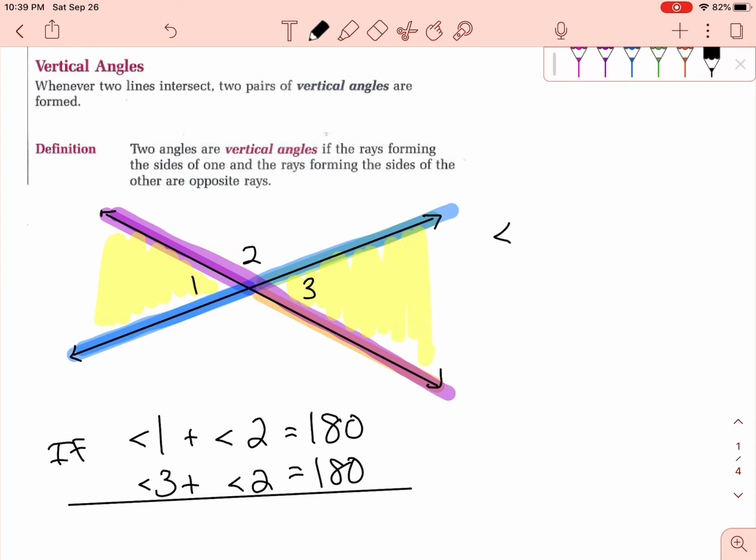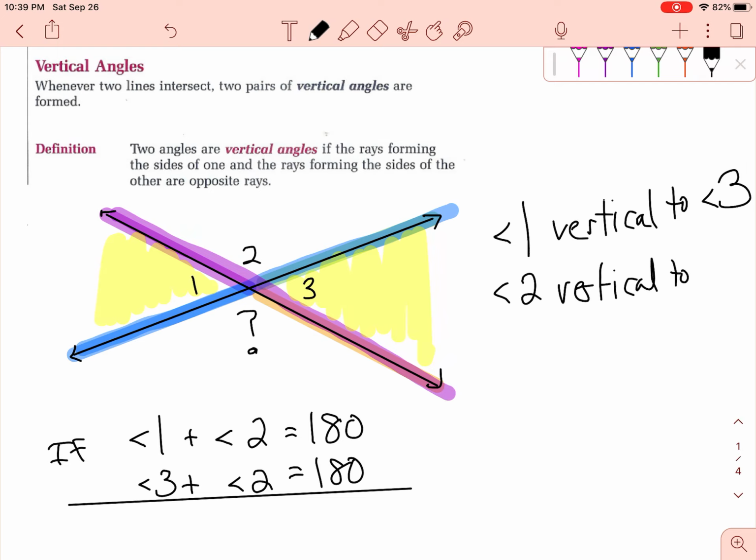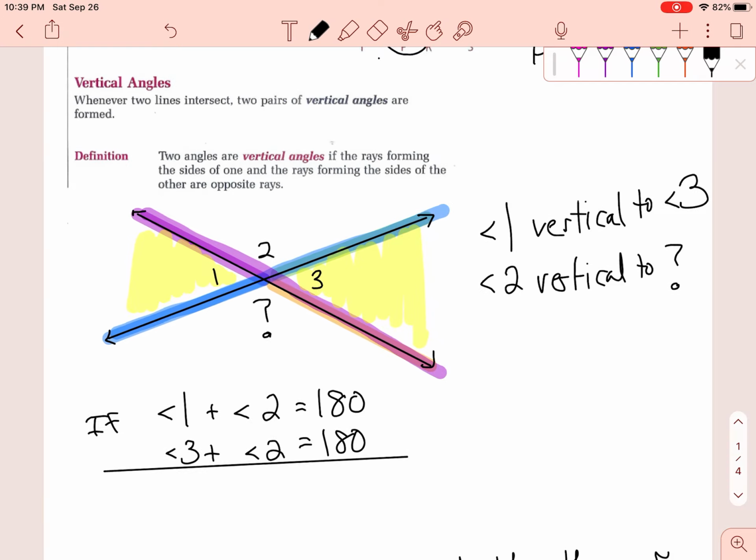Okay, we call angle 1 vertical to angle 3. Right now, angle 2 is vertical to this question mark angle. There's no name to it right now. But angle 2 is vertical to the question mark angle.